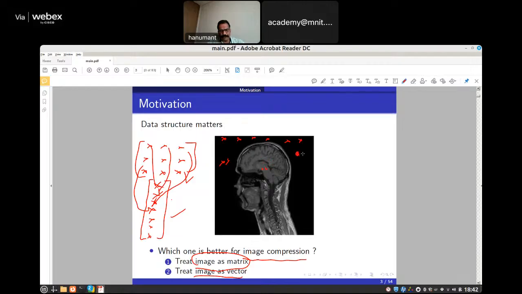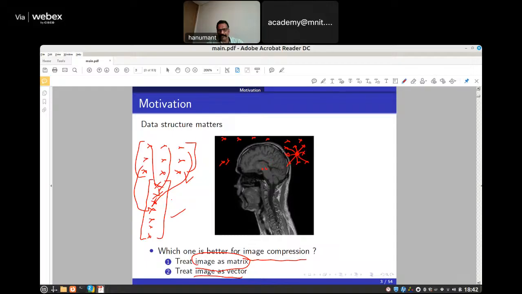Let's say this is my central pixel, and there is one pixel here, here, here, and so on around it. This point, the center of all the surrounding pixels, has correlation with all of them. Agree?